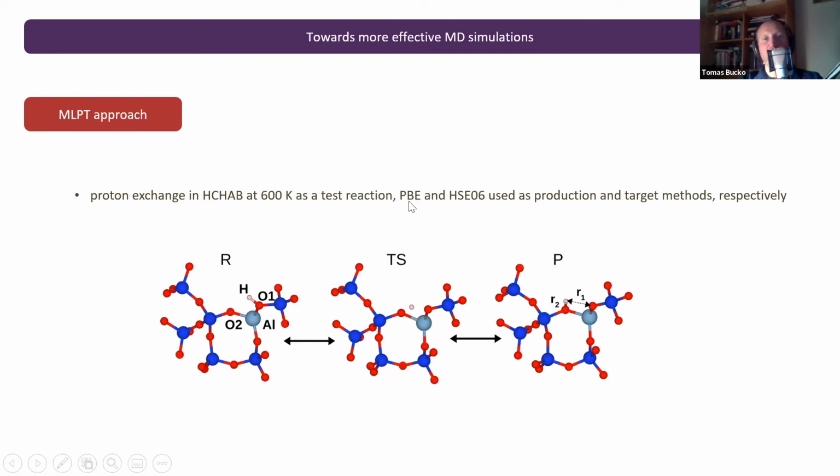As production method, I used cheap PBE. As target method, I used the quite time-consuming hybrid functional HSE06. By the way, for this particular system, an HSE06 single point calculation is about a factor of 50 more time-consuming than PBE. All right.